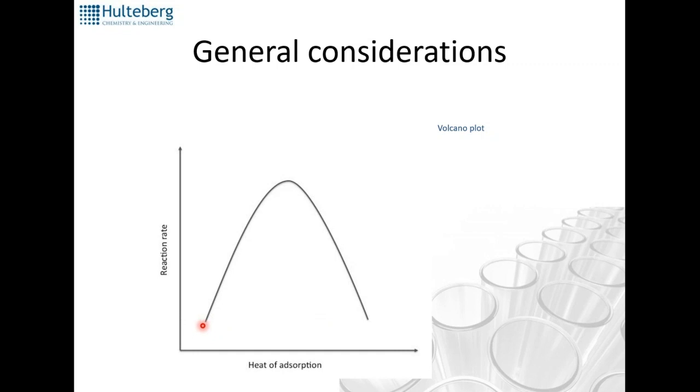As the heat of adsorption increases, the reaction rate will go up, but at a certain point, you will start to see a decrease in reaction rate again because the products can't leave the active sites. Then you can try different materials, different metals, and plot them into these volcano plots to show the actual concept.